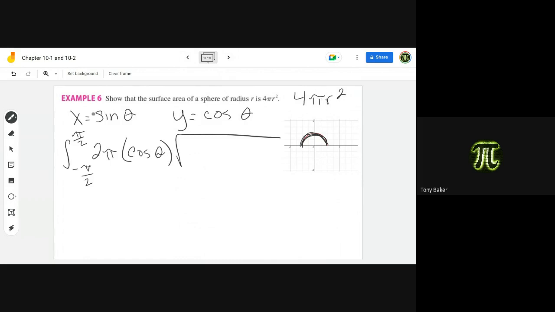Because we're doing the general form, I forgot I have to multiply this by the r, because the r is going to be inside here too, which is why I did that. So the derivative of r sine theta is what? R cosine theta, squared, plus the derivative of r cosine theta, negative r sine theta, squared.